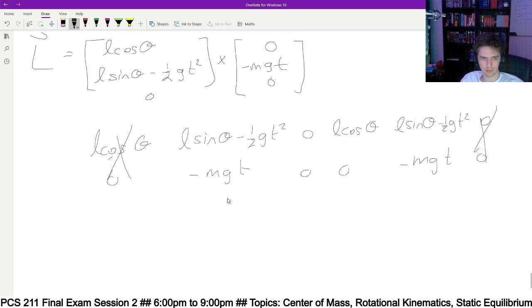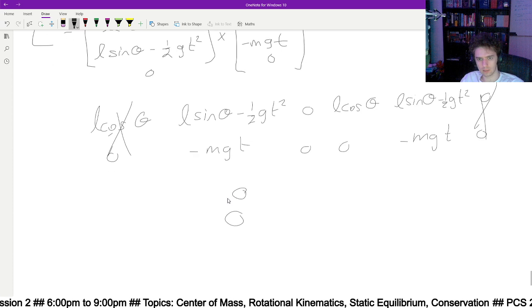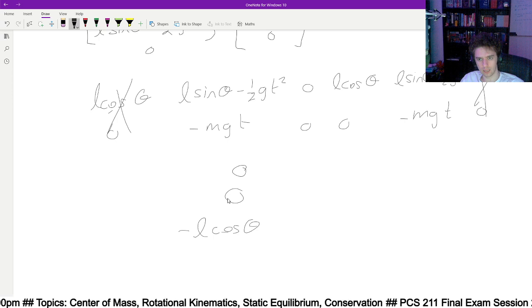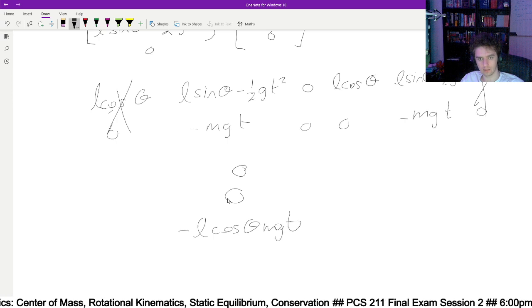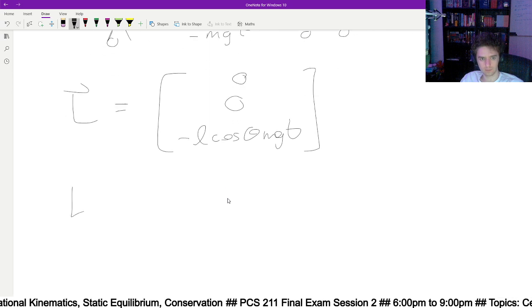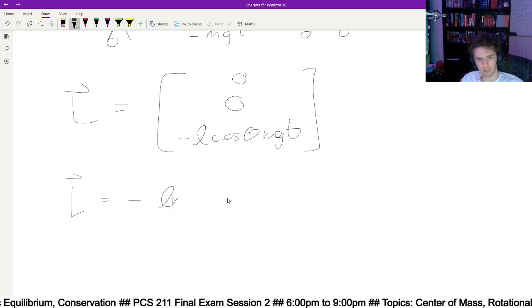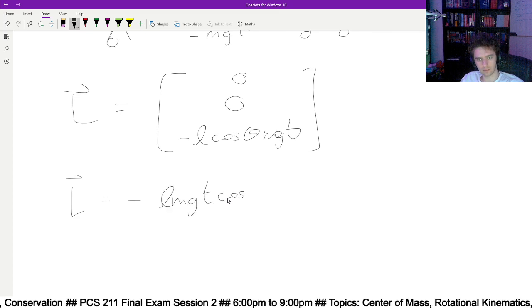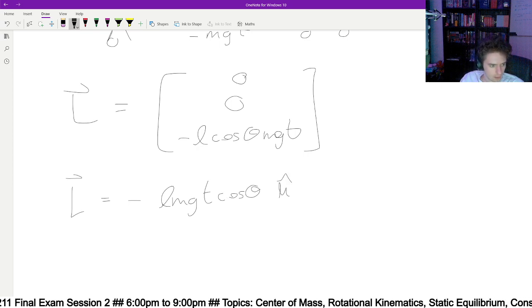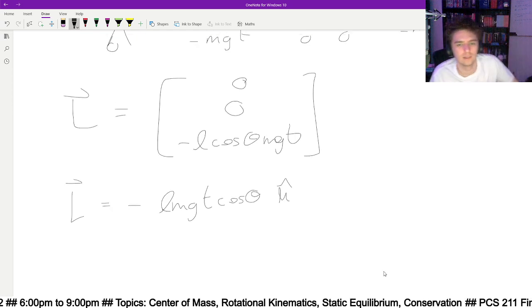So this times this times this is 0. This times this times this is 0. This times this is negative L cos theta mgt, times that is 0. So my final answer for that is negative L mgt cos theta k hat. There you go. That's it.